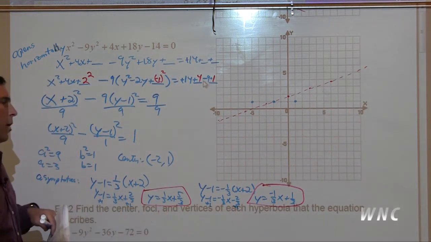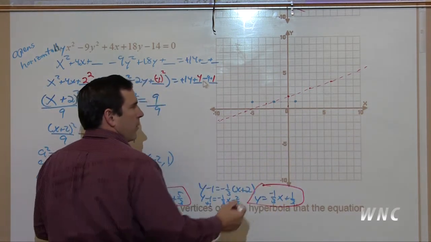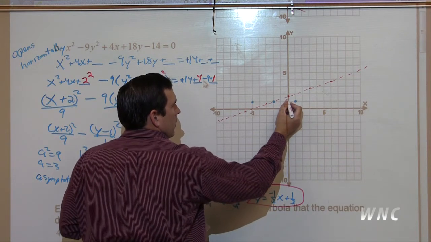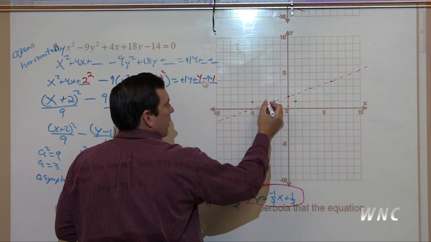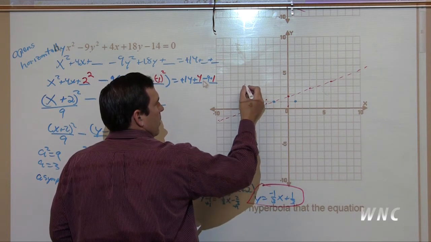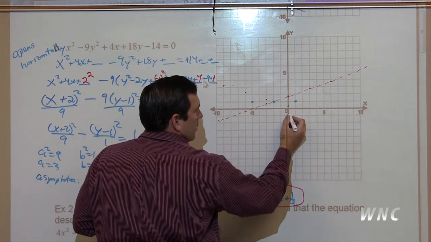The other one has a y-intercept of 1/3. Negative 1/3 is the slope, so up 1, left 3, 1, 2, 3. Or down 1 to the right 3.